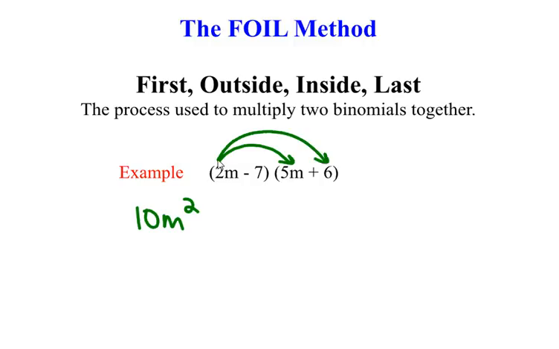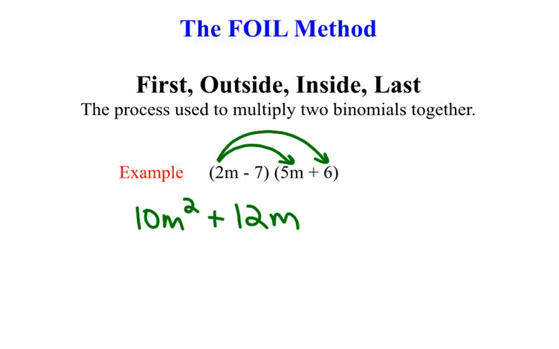Well, this is where the O in FOIL comes from, because the 2m and the positive 6 are on the outside of those binomials, right? The outside being the outside, like that. So when we multiply those together, we end up getting positive 12m.